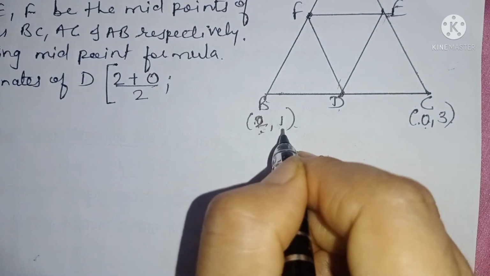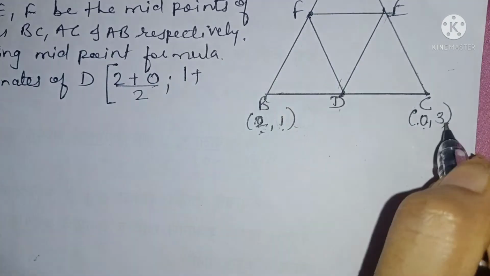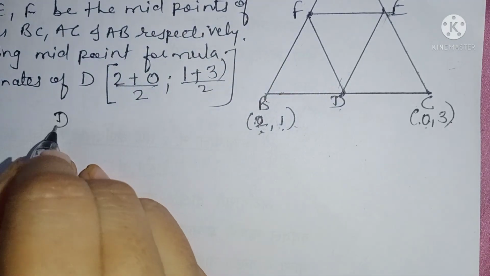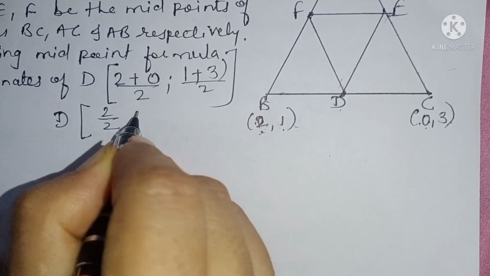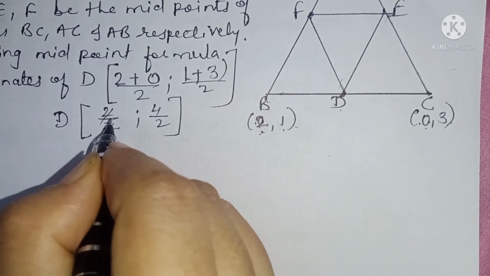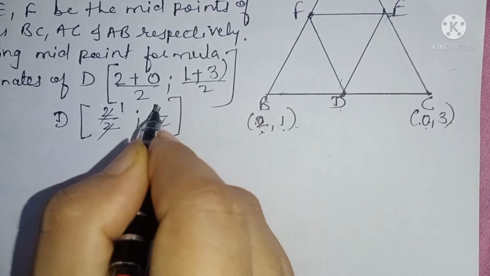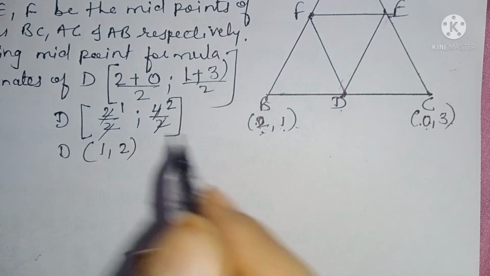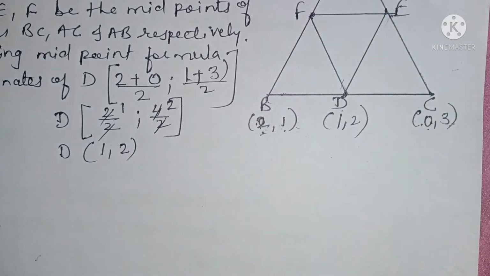And how will you find the y coordinate? y1, that is 1, plus y2, that is 3, upon 2. So the coordinates of D are 2 upon 2, and 1 plus 3, 4 upon 2. After reducing, you will get 1 and 2. So the coordinate of D is (1, 2).